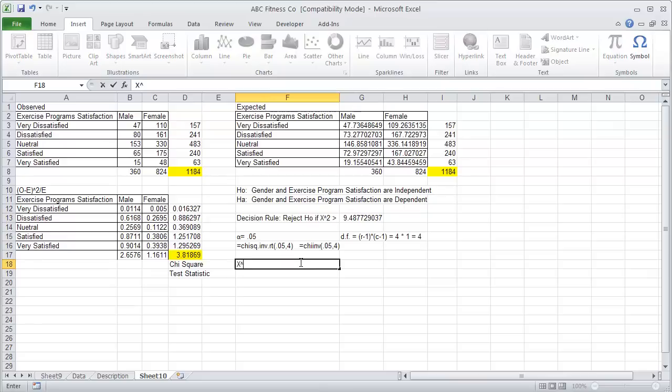Well, we did our test and we found that chi-square was equal to 3.81.